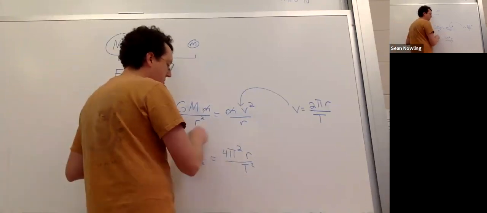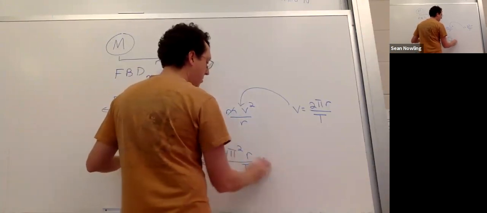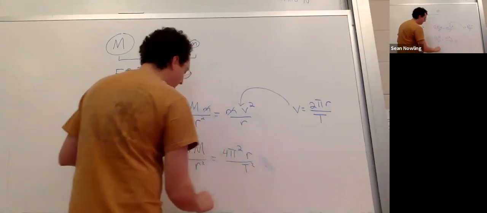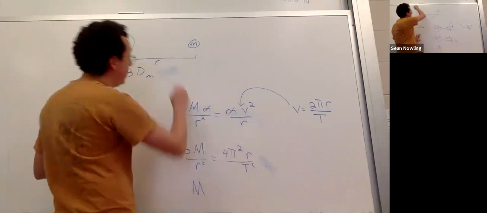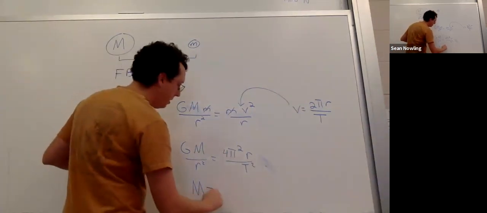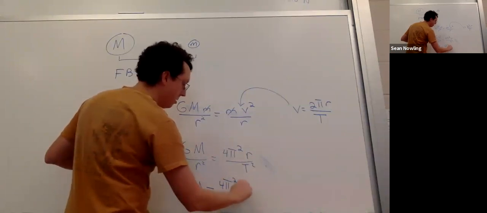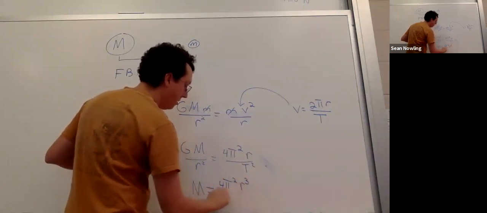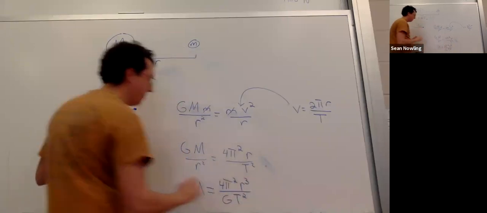I'm going to solve for the mass so we can deduce planetary and solar masses. So I'm going to rearrange this to say our main equation is that the mass of the large object equals 4 pi squared r cubed divided by G times the period squared.